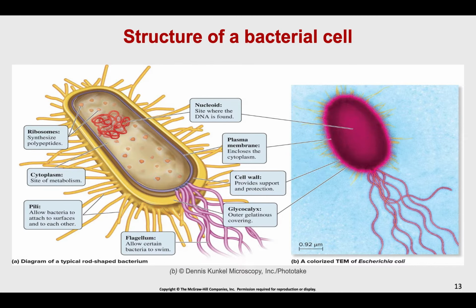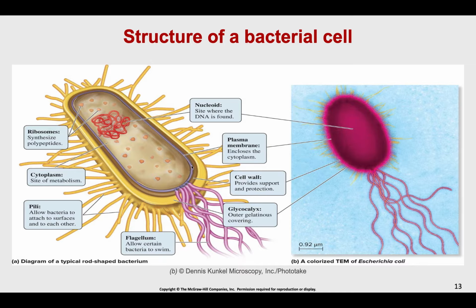So let's look at the structures of a bacterial cell. The first thing we want to point out, our guiding theme here, is the plasma membrane. The plasma membrane is a phospholipid bilayer, which we learned about when we talked about fats and carbohydrates, that lecture two or three times ago, and we will continue talking about them more in depth.